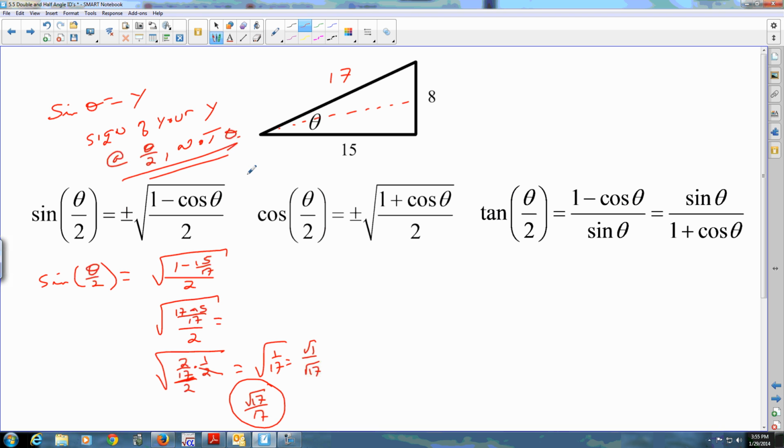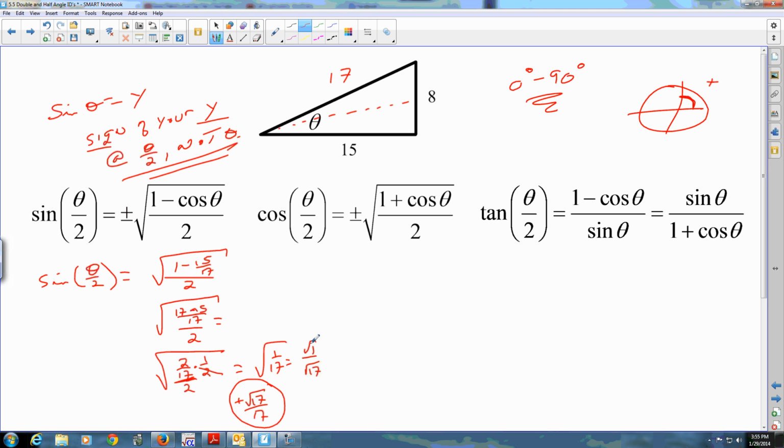When we start working with actual angles, it'll be able to interpret that a little better for you. But suffice it to say, aren't all of your angles in a triangle going to be between 0 and 90 degrees? So think of it on the unit circle. Between 0 and 90, what is the sign of your y value? They're all positive. So this is strictly going to be the positive square root of 17 over 17.